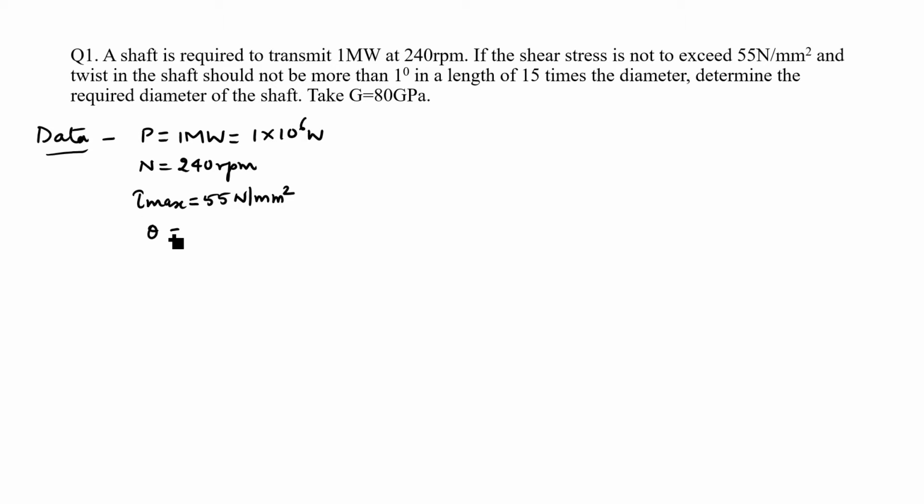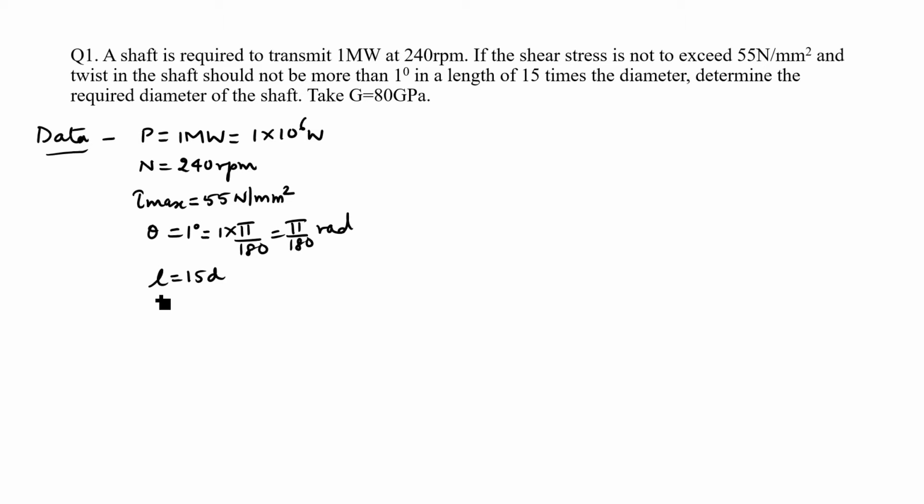So the maximum value of theta is given as 1 degree, which is 1 into pi by 180, which is pi by 180 radians, in a length of 15 times the diameter. So the length is given as 15 into d. Determine the required diameter of the shaft. So I need to calculate the value of this d.